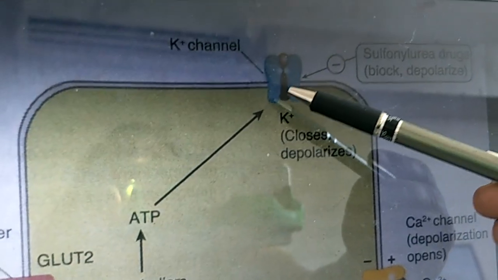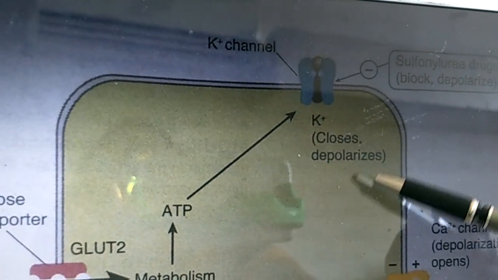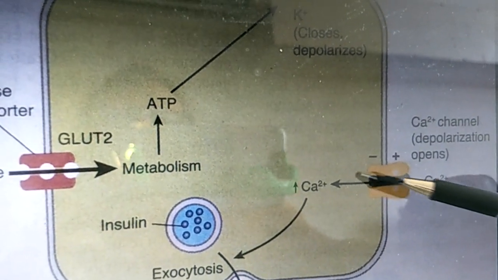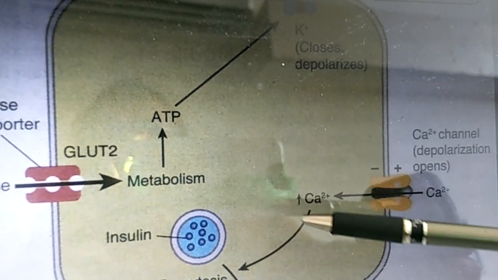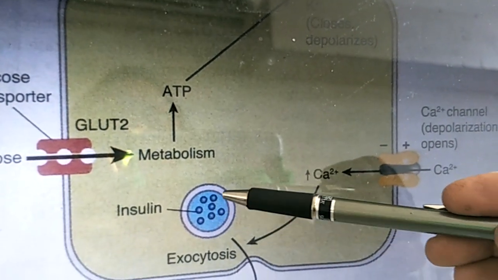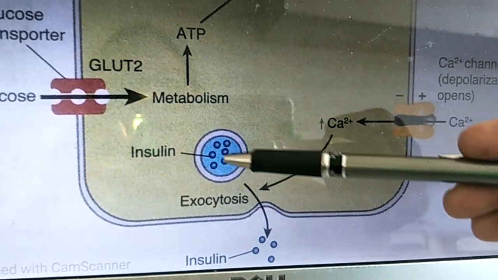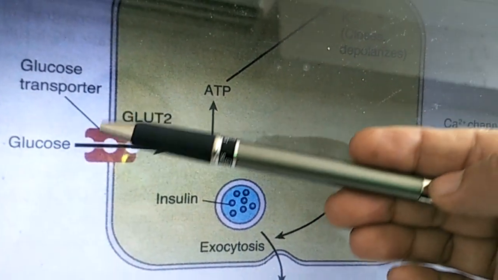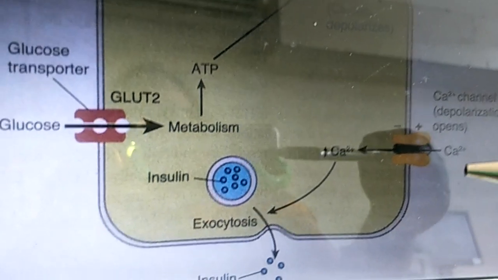The channel closes, potassium flow stops, membrane gets depolarized. Depolarization of the membrane opens calcium channels. Calcium enters inside the cell. Raised intracellular calcium causes destabilization of the membrane and exocytosis of insulin. Thus, insulin is secreted. We say glucose is the most important insulinogenic stimulus.